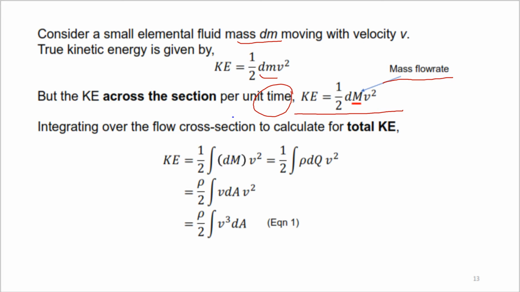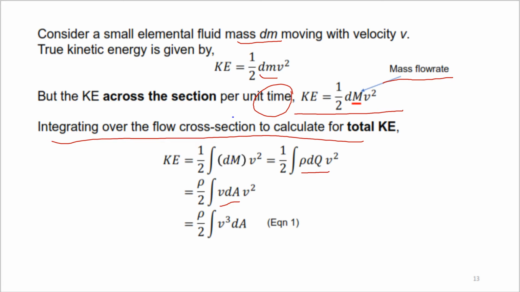And then we need to integrate over the flow cross section to calculate the total kinetic energy. So after we integrate, we have flow rate here, Q. And then we have change of area.